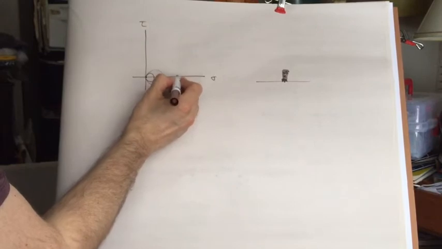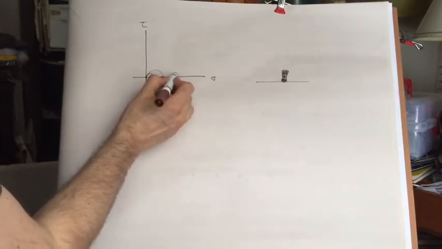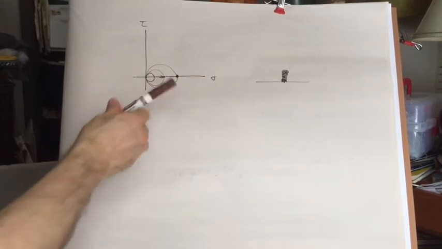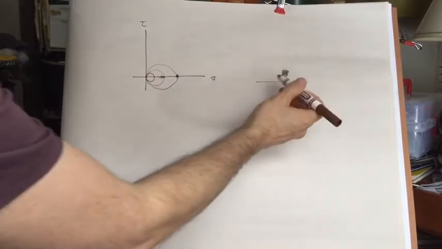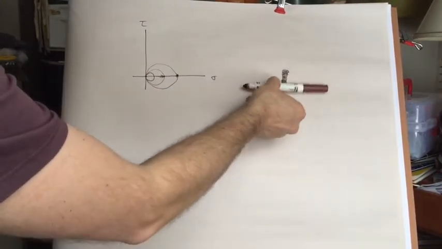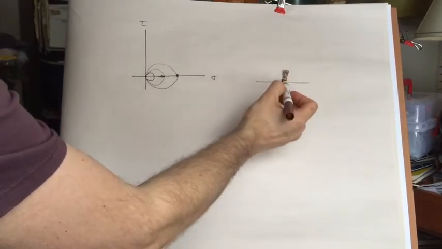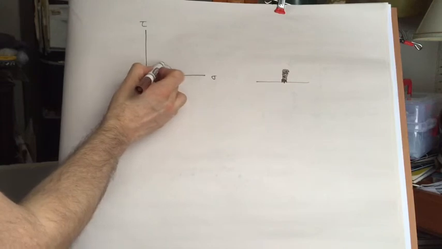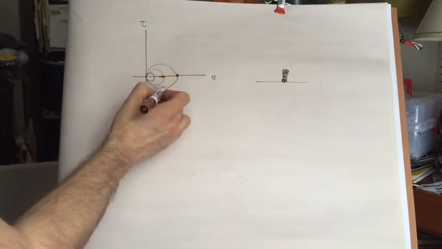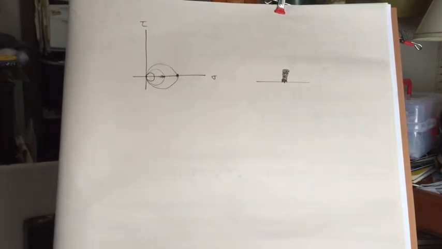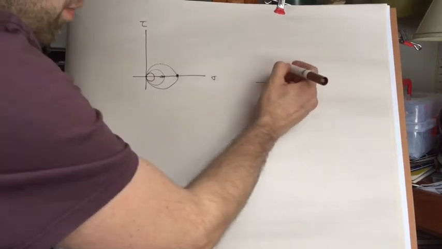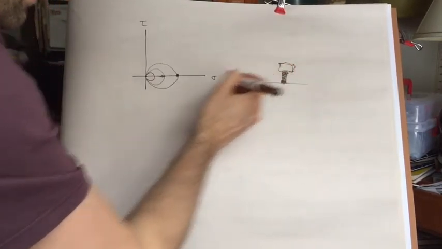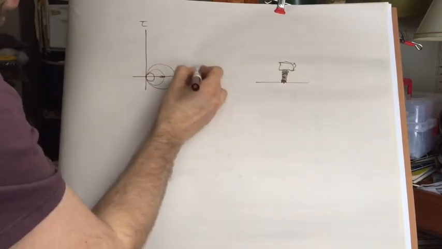So if sigma 1 is in this direction, that means if we were to think about the other orientations other than that flat surface, they would be defined by the points along the diameter of that circle. And so I put even more stuff, another brick on top of there.